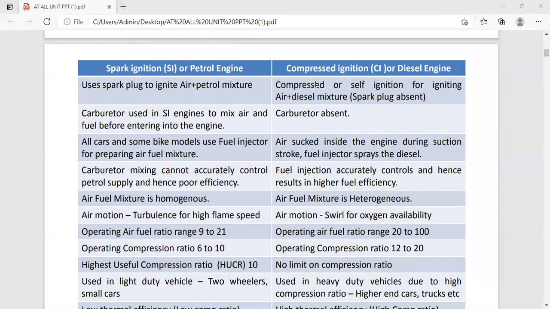And the compression ignition engine we call a diesel engine or CI engine. So the fuel used in the spark ignition engine is petrol, and in the compression ignition engine it is diesel. So one by one, we are going to differentiate between SI and CI engines.